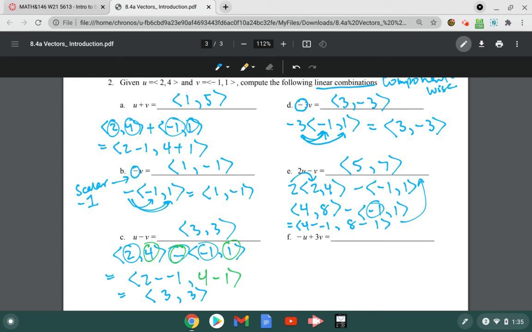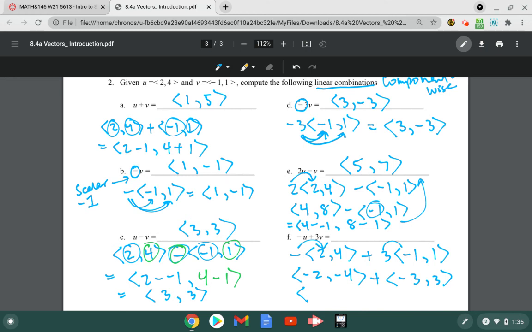Okay, last but not least, I want -u plus 3v, a couple of scalars here. So -u, 2 comma 4, plus 3 times v, -1 comma 1. I want to distribute first. Distributing that negative into vector u first changes the signs: -2, -4. Plus, let's distribute that 3, and I get -3, +3.